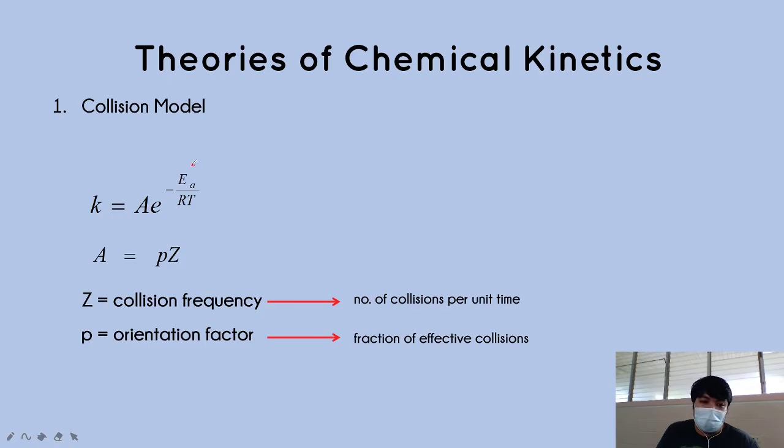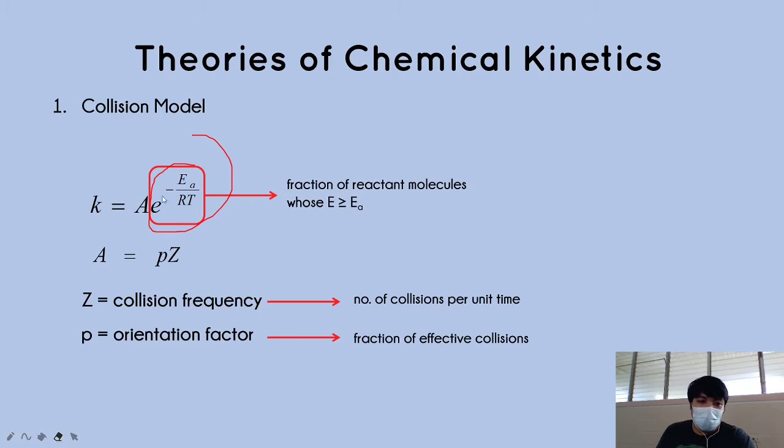And this exponent here shows the fraction of reactant molecules whose energy at a certain time is greater than or equal to the activation energy. If the total energy of the reactant particles is greater than or equal to the activation energy, that's the only time they can form products.